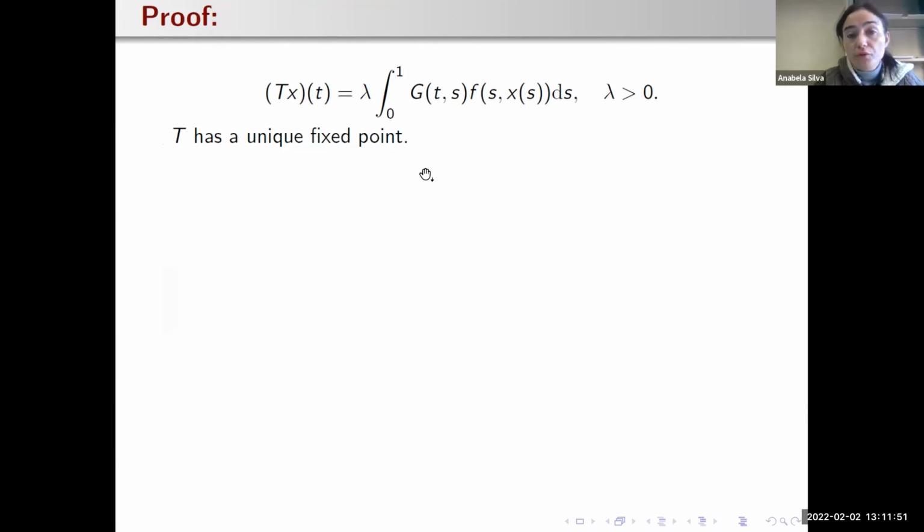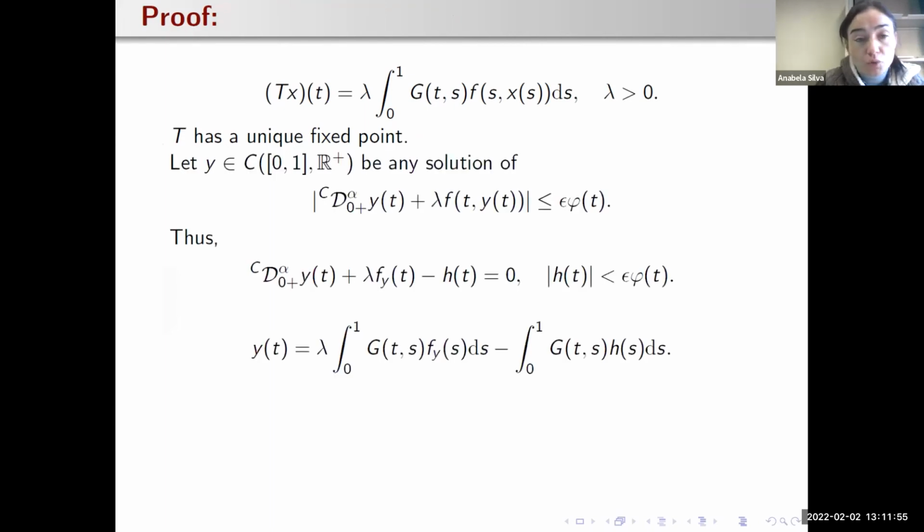The formula to prove that is equal to the last one, so I will not show it again. And now we consider an epsilon, which is the solution of this inequality. We consider again this expression, we consider this h, where this h is less or equal than epsilon phi(t). It means that we can rewrite epsilon in this way.